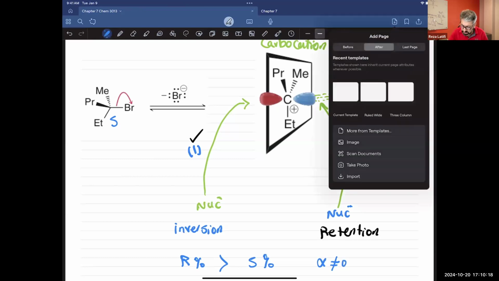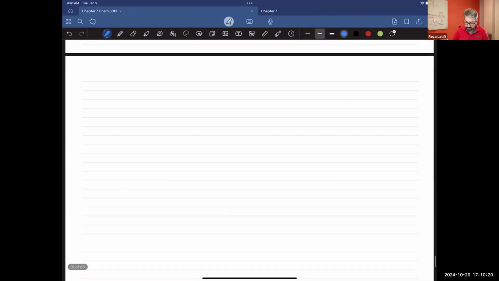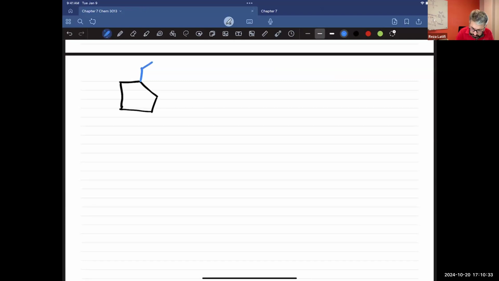Now, let's make the example a bit more complicated and say we have such a molecule. This molecule has a tertiary butyl group up and hydrogen down. Here we have ethyl, and down here we have bromide.